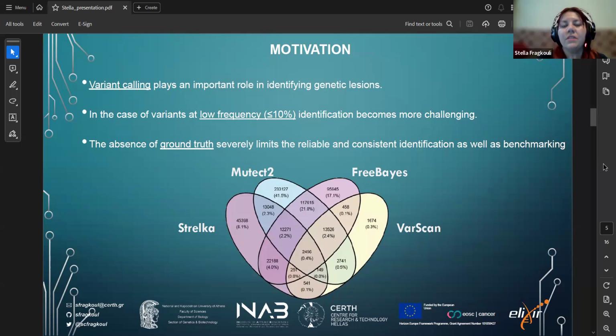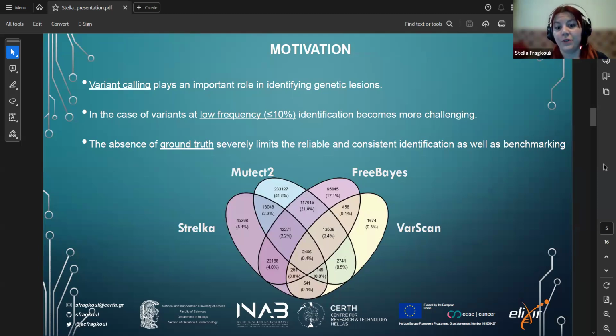If you have this kind of data set, it would make your life easier because you would know which mutation is at what chromosomal position, and then you can easily test and benchmark the various variant callers.